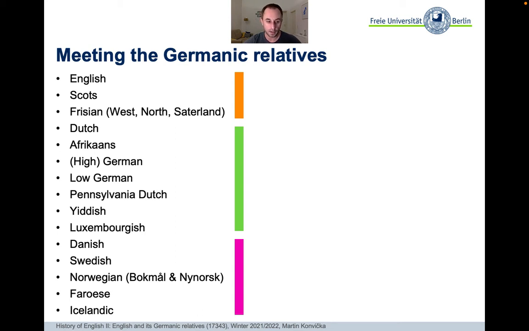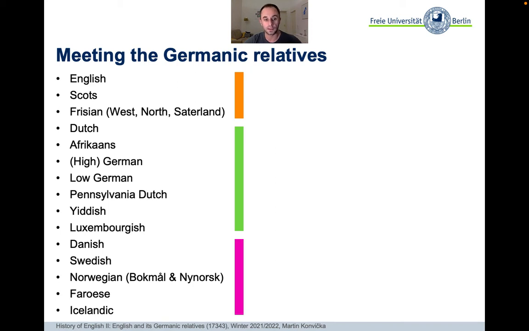Okay, but in the North Germanic group, we have Danish, Swedish, Norwegian, and when we speak about Norwegian, again, Norwegian is also an umbrella term for two varieties, Bokmål and Nynorsk. Bokmål is a Norwegian variety based on, or more closely related to, Danish, whereas Nynorsk is a variety based on Norwegian dialects.